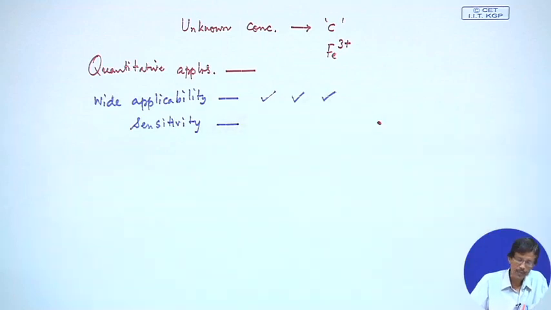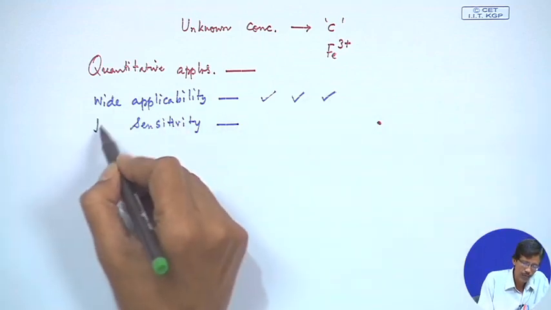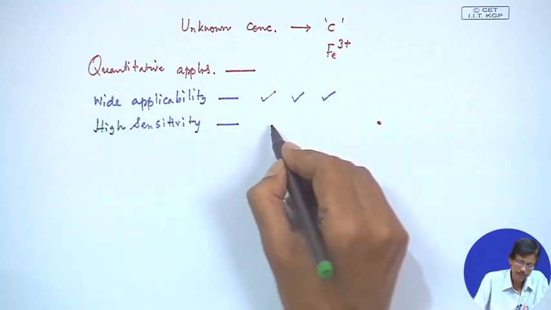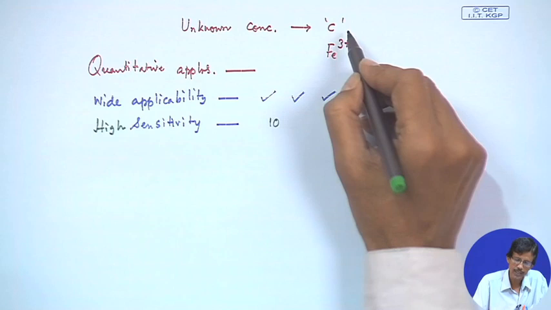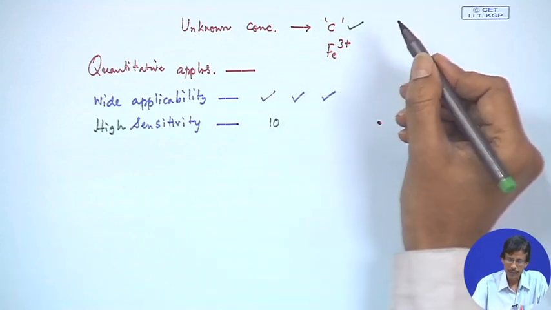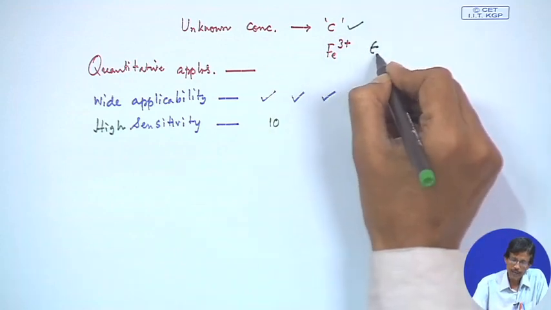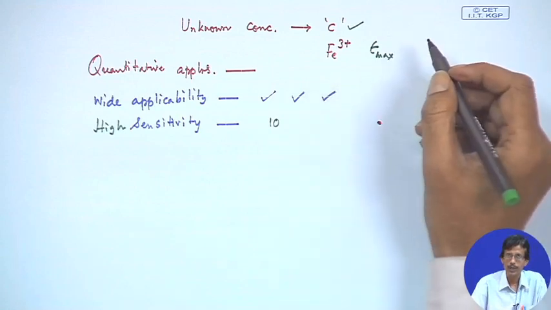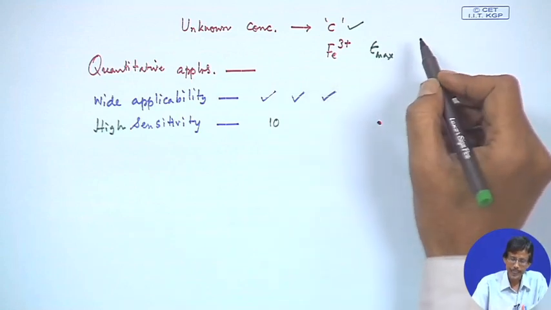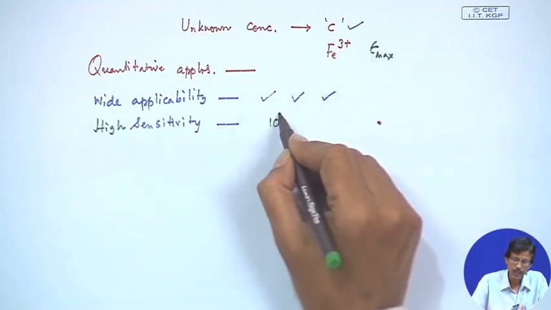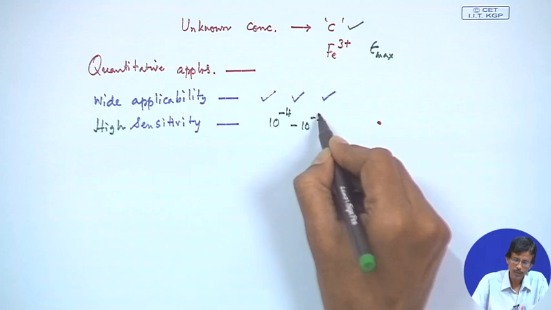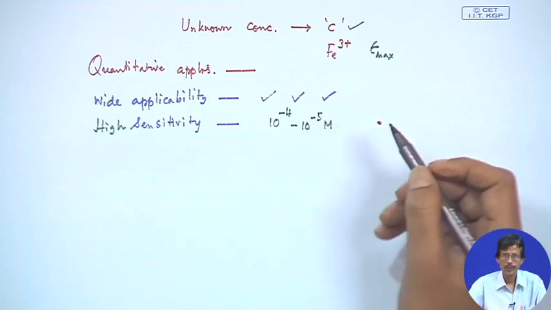The sensitivity is also very high because of the detection limit, that means what low concentration you can handle. If your epsilon max value is very high, as I told you, above 10,000, we can detect a very low concentration in the range of 10 to the power minus 4 to 10 to the power minus 5 molar solution.